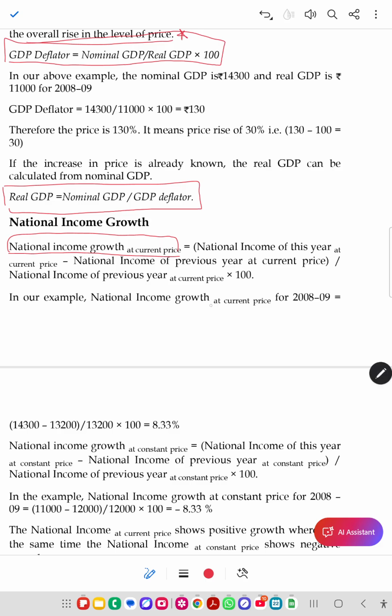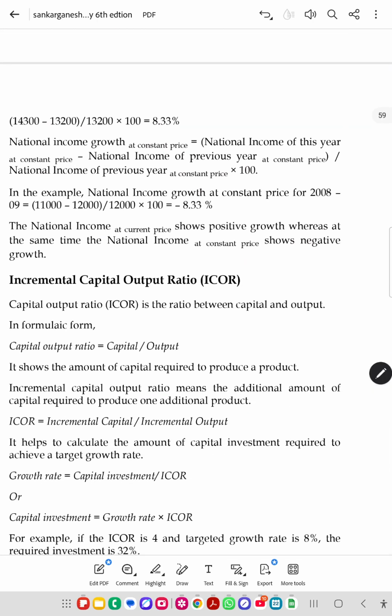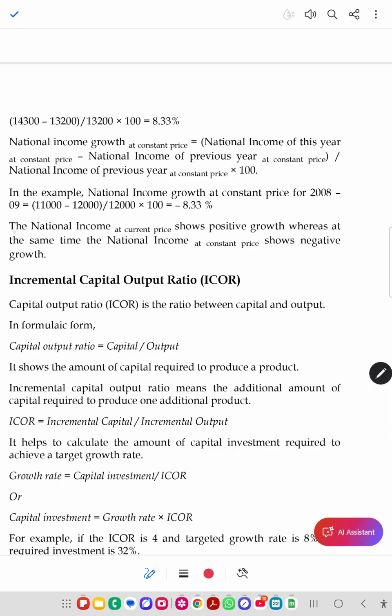In our example, national income growth at current price for 2008-9, that is the calculation. National income at current price shows positive growth, whereas at the same time national income at constant price shows negative growth. It means there is growth in national income, but that's not the real growth.